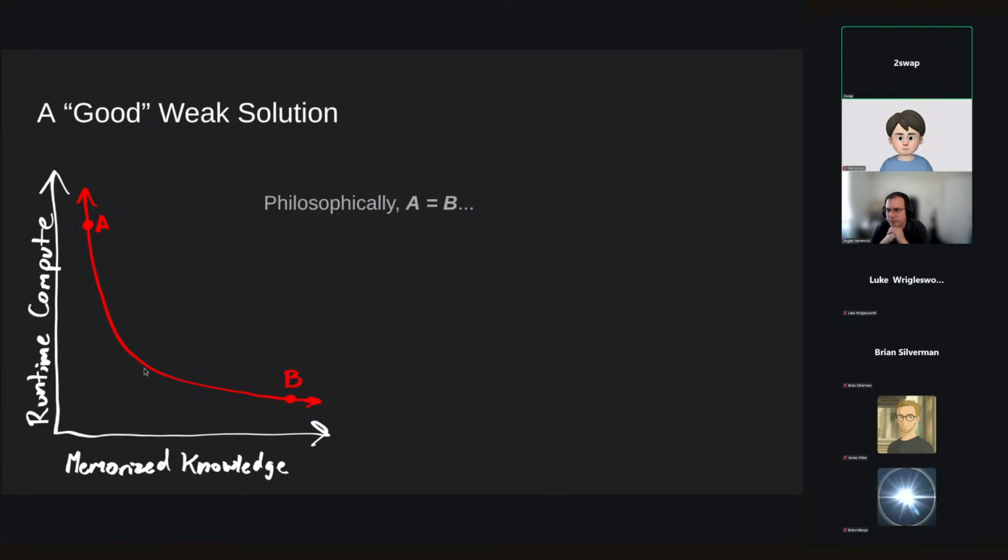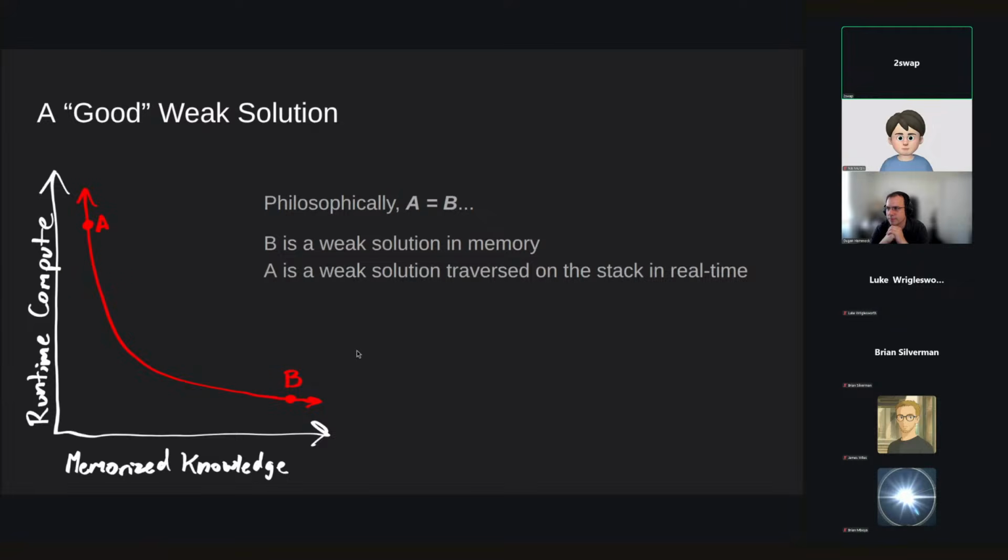The only difference is that in the case where we memorize everything, it exists in memory, but in the other, we're building it on the stack in real time and evaluating that tree through minimax or alpha beta or something like that. So it's the same object. We're still talking about the same data structure. It's just where is it? Does it exist in one place in time, or are we programmatically iterating over this tree?